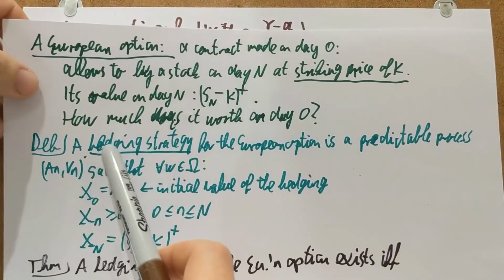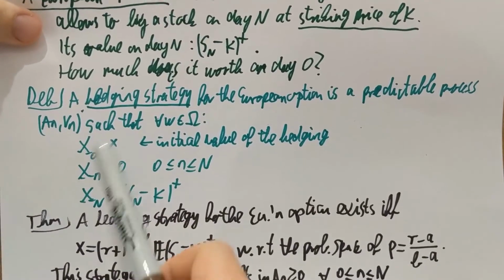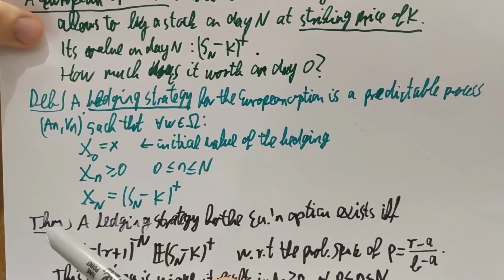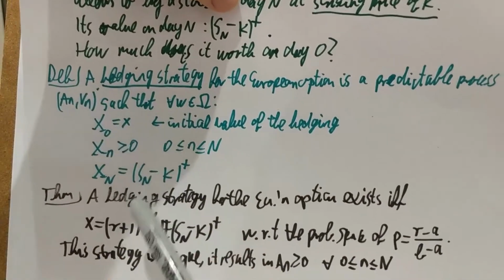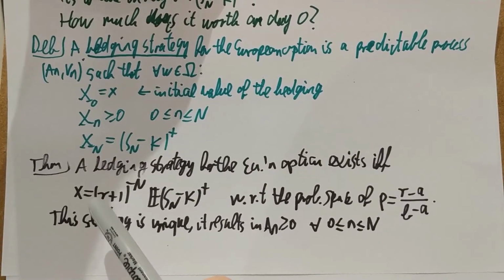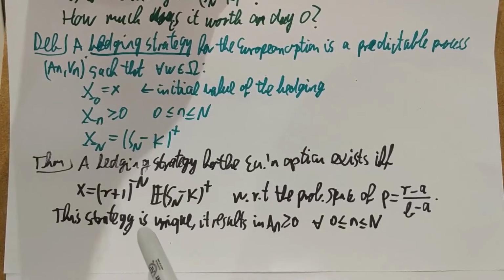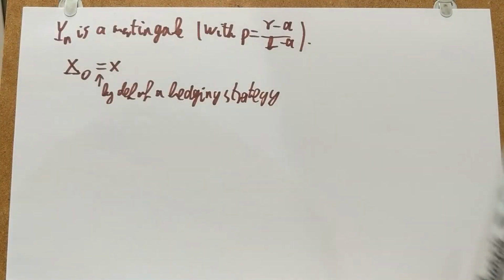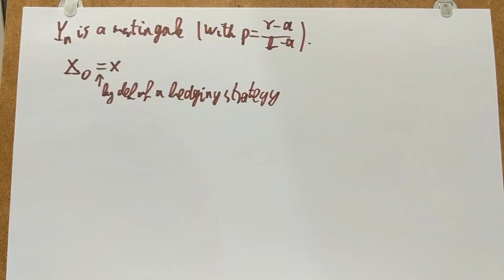So we're looking at hedging strategies for the European option, and that satisfies these properties. So it's a hedging strategy with initial value X, and what we're doing now is we assume that we have such a hedging strategy, and we want to show that the initial value of the hedging strategy has to be exactly this thing here. Okay, and so assume that we have a hedging strategy, so that comes with some initial value X.